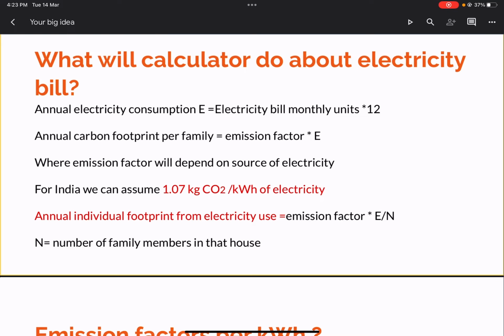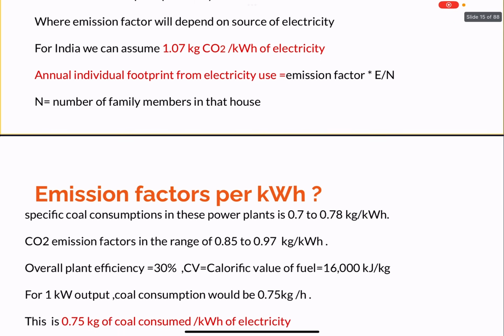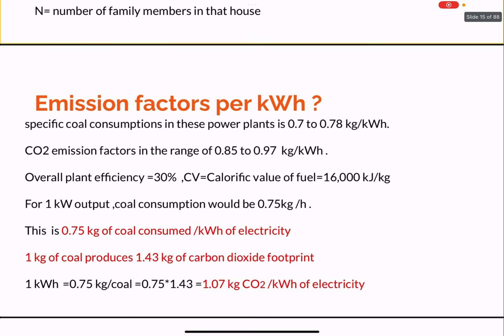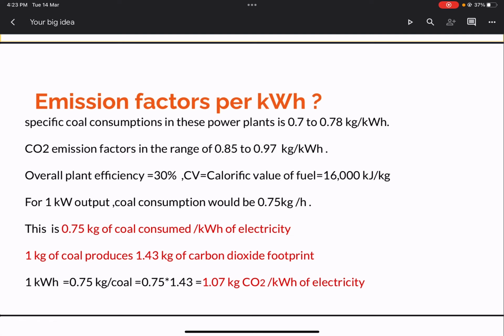Okay, how is this emission factor calculated, and how do you get it from the basic thing? So you can skip this if you find it difficult, but try to just concentrate and see whether you understand how the emission factor is calculated. For example, I had shown in this slide how the emission factor of 1.07 kgs of CO2 has come for the Indian case.